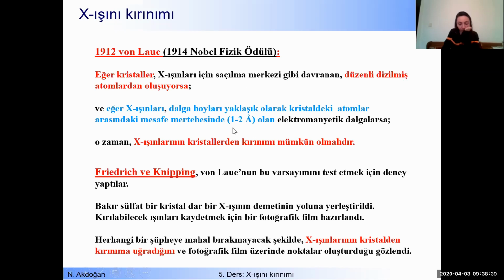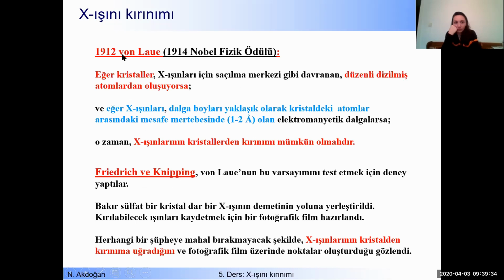So 2 proposals, okay, proposed by von Laue in 1912. So von Laue theoretically proposed this. This was the proposal. Then he was awarded a Nobel Prize just 2 years after his proposal, in 1914, the Nobel Prize in Physics.